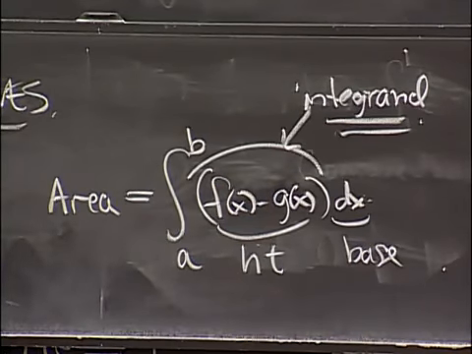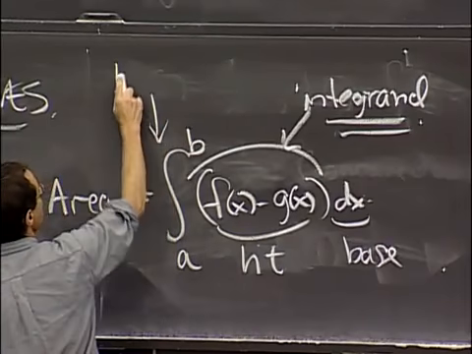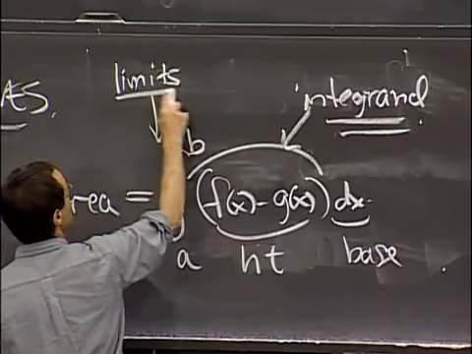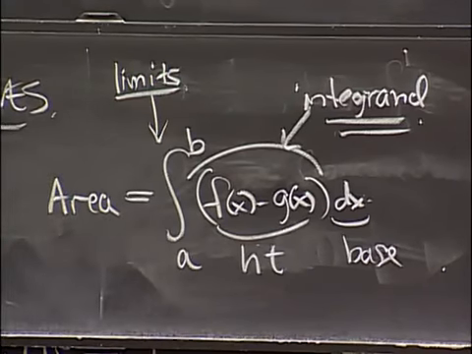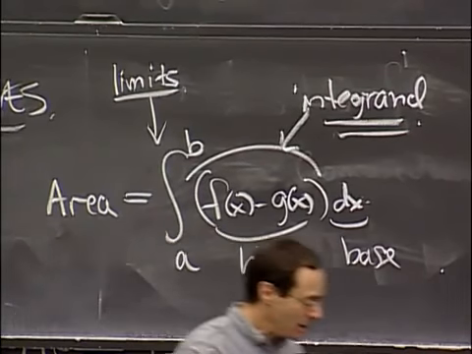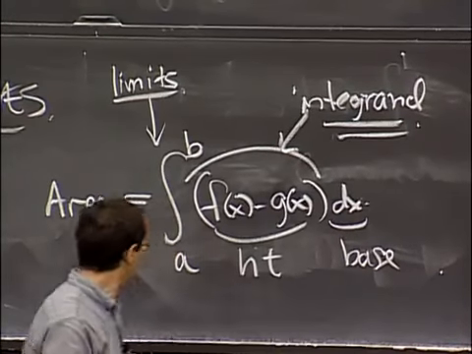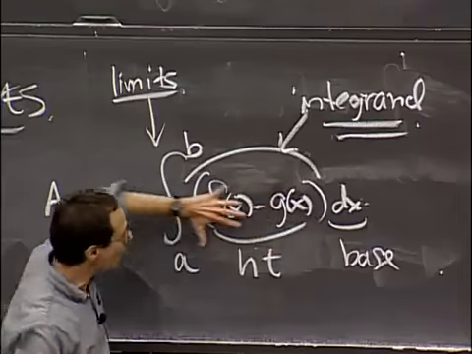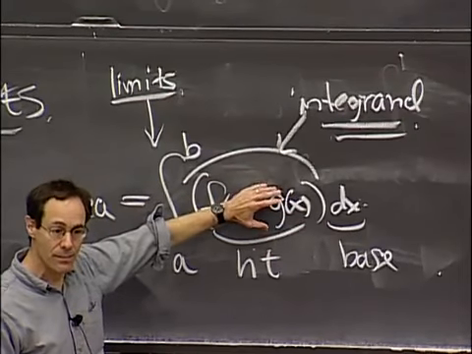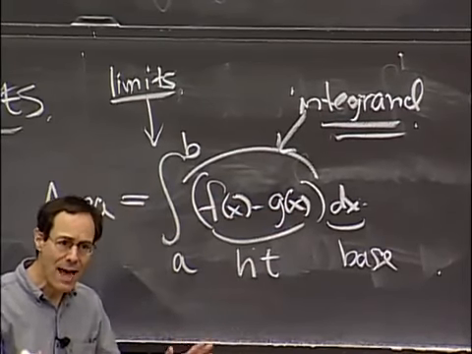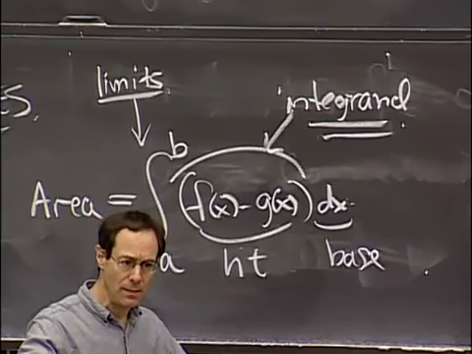And I want to identify what are known as the limits. The whole game is simply to figure out what a, b, and this quantity is here, whatever it is. And the minute we have that, we can calculate the integral if we like.